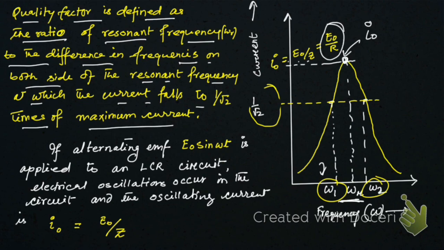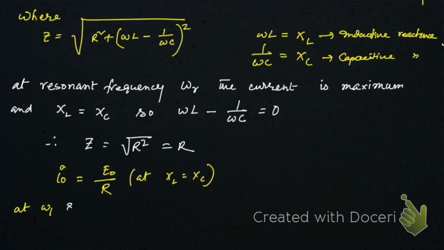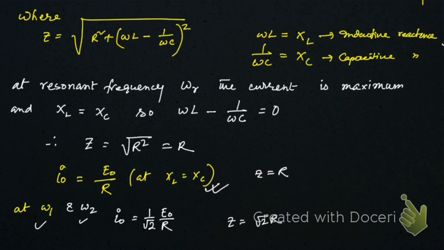The maximum value is E naught by R, so let me write 1 by root 2 of E naught by R. So at omega 1 and omega 2, the value of the current will be 1 by root 2 of its maximum value, that is E naught by R. So we can say that at resonant frequency Z is equal to R, and at omega 1 and omega 2, Z is equal to root 2 into R. I hope you have understood this.